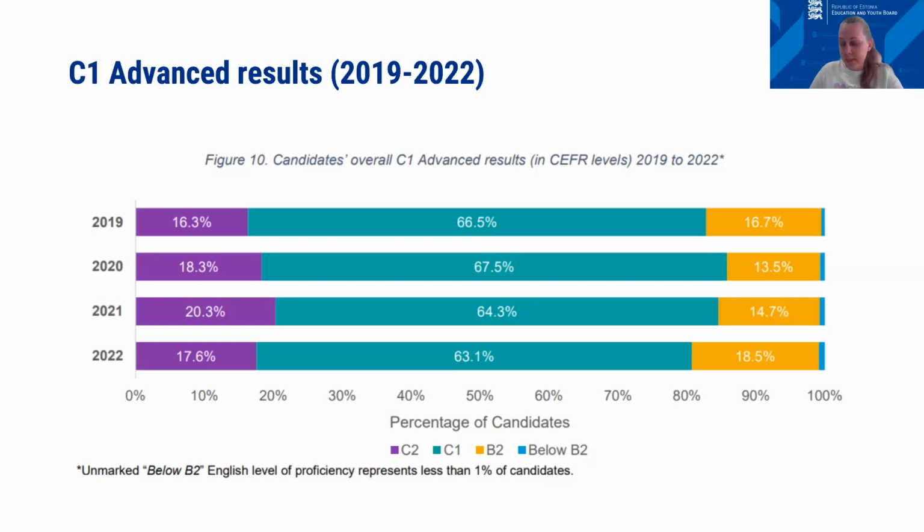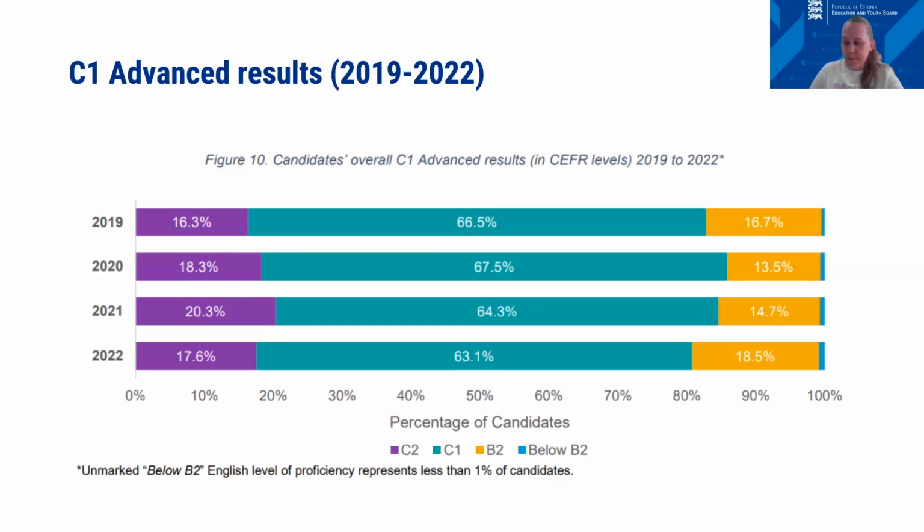For writing, 73% of candidates achieved C1 or above last year. And this was a bit lower than in 2021, but still considerably higher than in 2019, when it was the first year of the project. So we have seen the improvement.